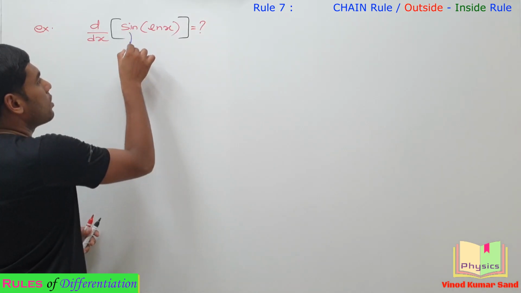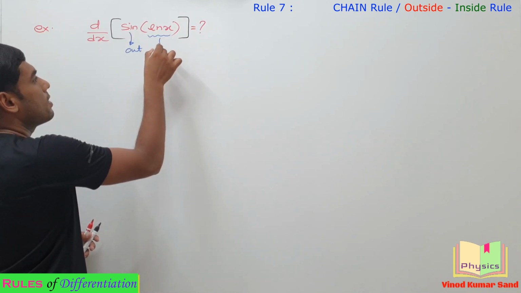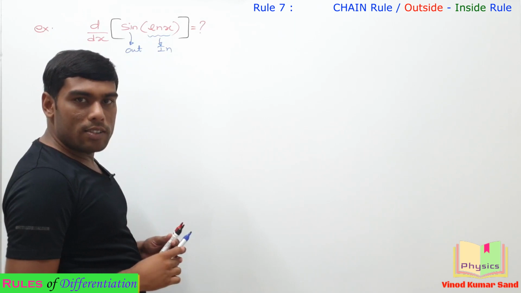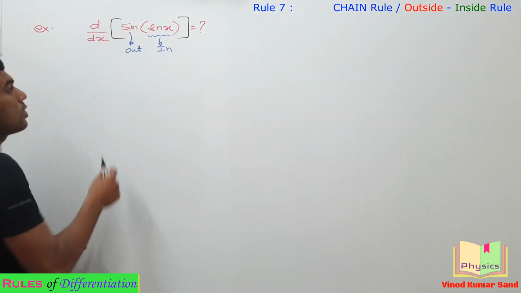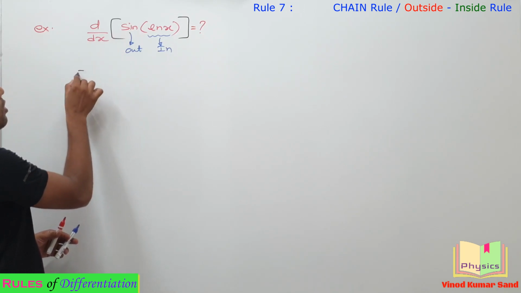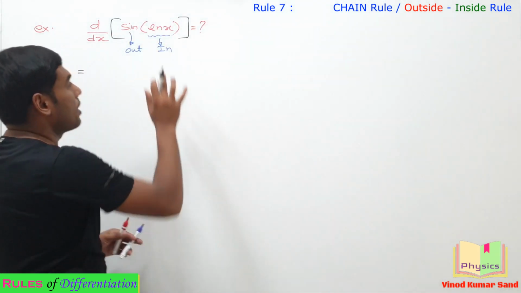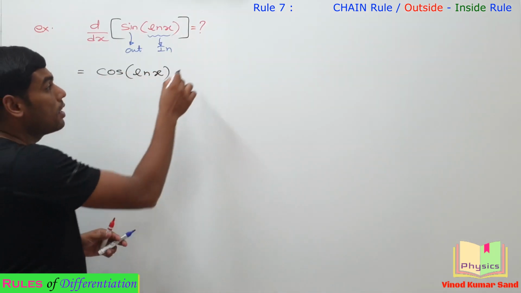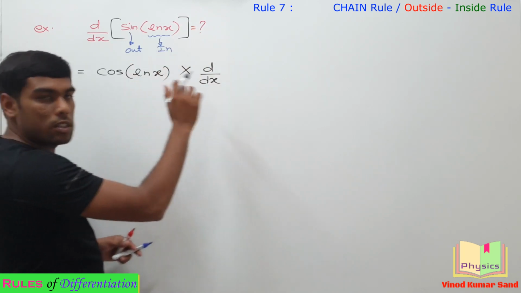This sine function is the outside function and the ln x is the inside function. According to the outside inside rule, first of all we'll be differentiating the outside function. So differentiation of sine of something, this ln x can be assumed as something, is cos of something, and that something is ln x, into we need to differentiate the inside function.